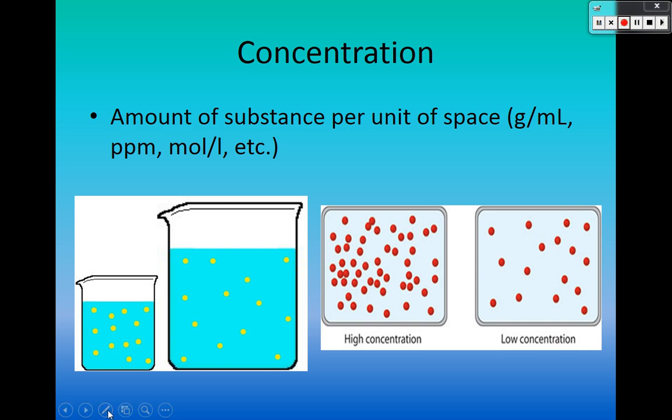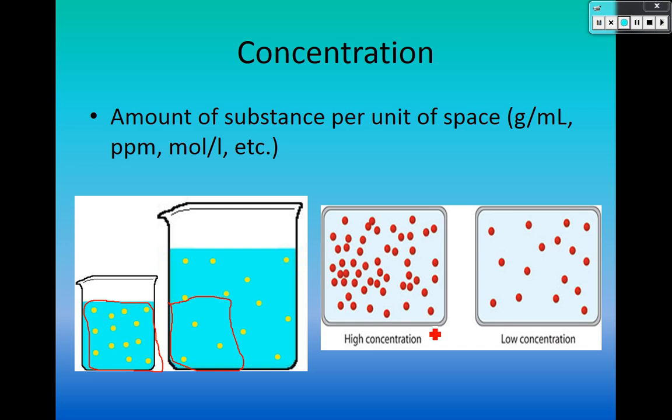One way you can say that is, if these two volumes were the same, so this volume here is about that big, and now let's try to draw an equivalent volume here, you see with the same amount of space, there are fewer yellow particles. So this beaker here is less concentrated than this beaker here.